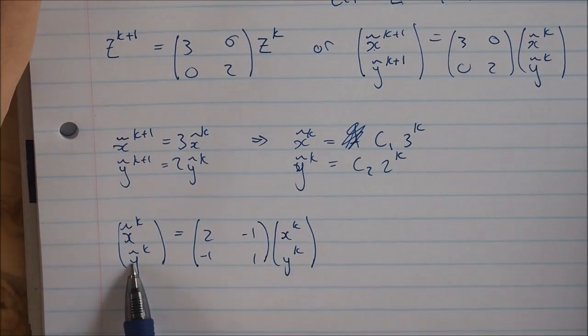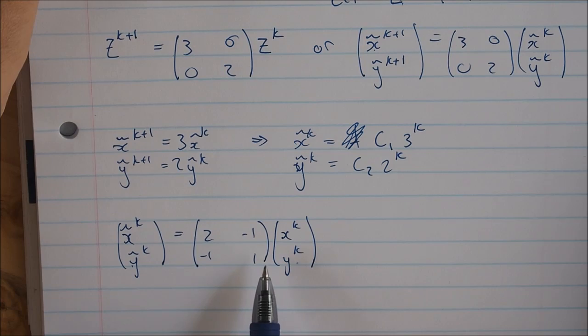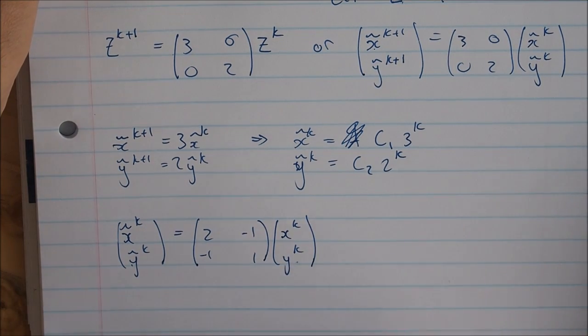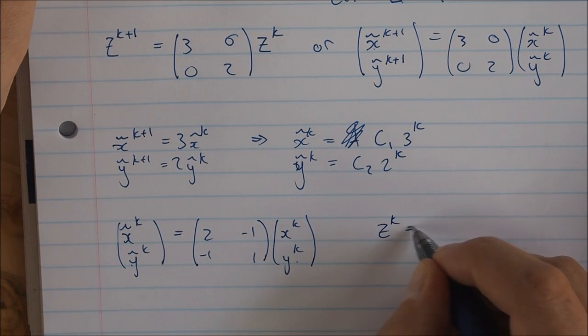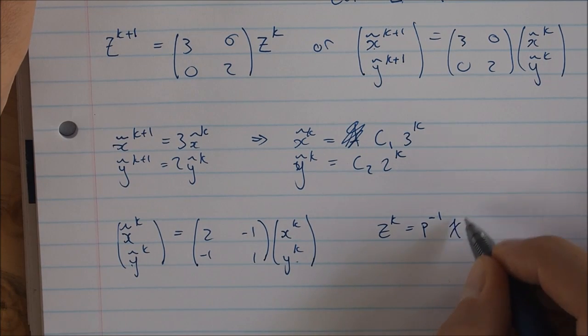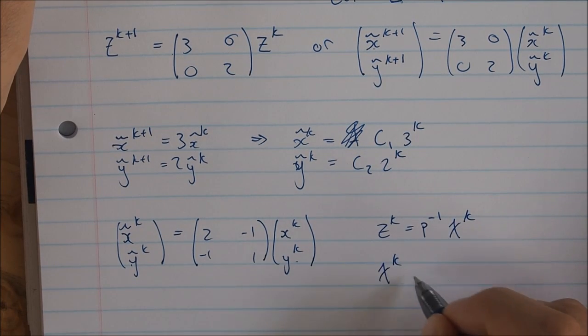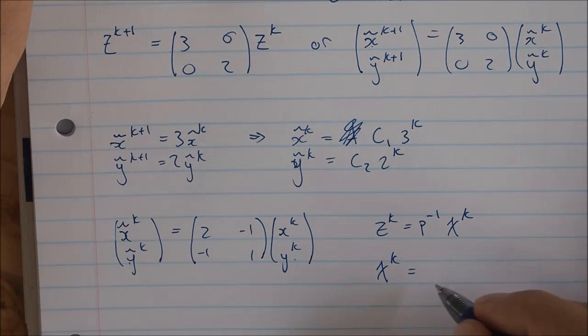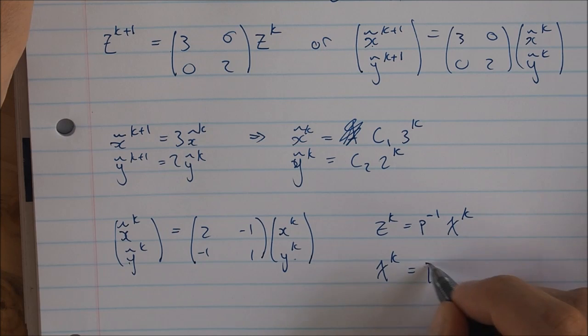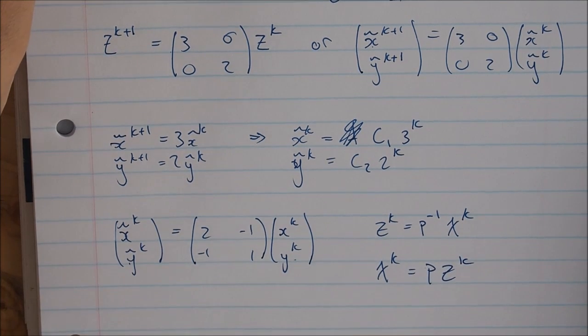Right? We have this, we don't have this, so what we actually want is to write down if zk is equal to p inverse xk, then xk is equal to, I just left multiply by p, and I get xk is equal to p zk. Right?